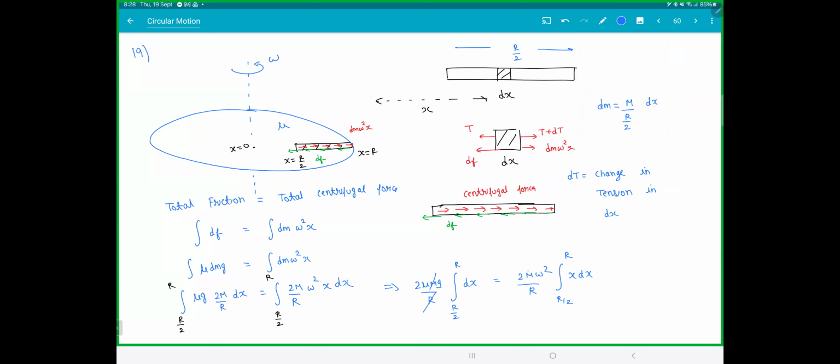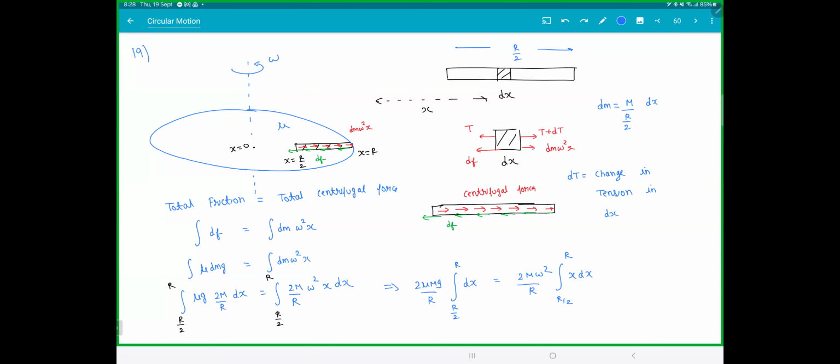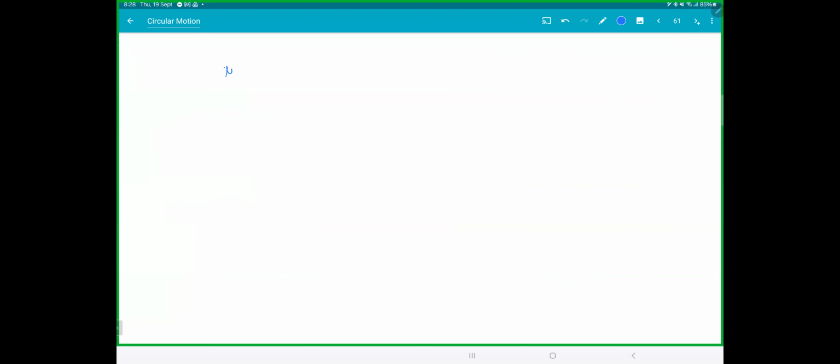So m by r will cancel out. Let me show it on the next page. So you'll be left with 2 mu g, the 2 also will cancel out. So you'll have mu g, x limits will go from r by 2 to r.